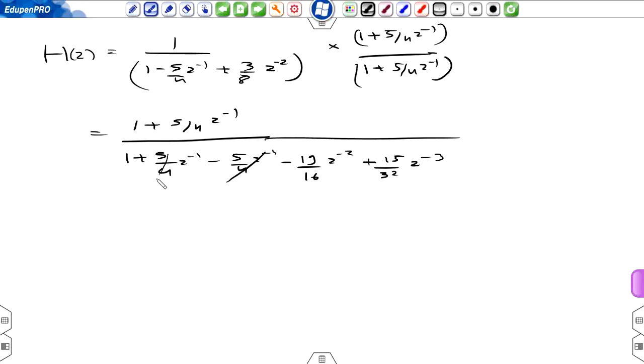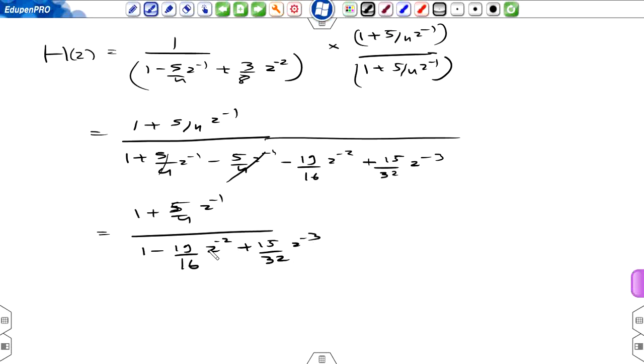This term gets cancelled out and I have finally 1 plus 5 by 4 Z to the power minus 1 divided by 1 minus 19 by 16 Z to the power minus 2 plus 15 by 32 Z to the power minus 3. So this is the new, updated transfer function.